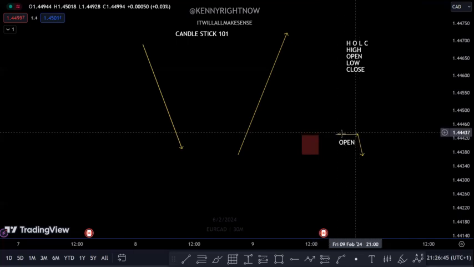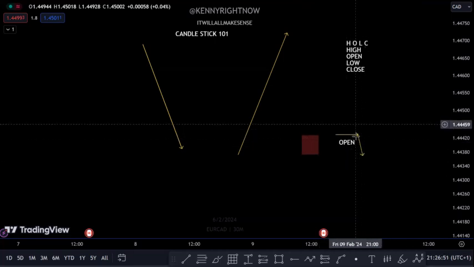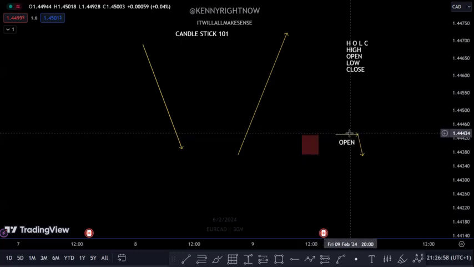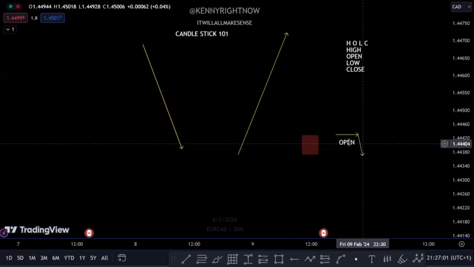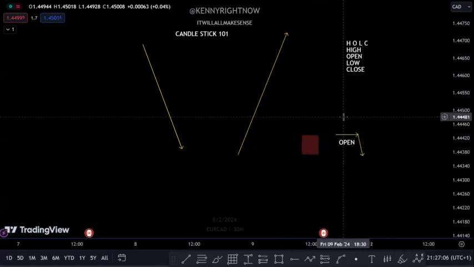Don't forget, this is the candle and this is the structure. So what the structure is doing is what the candle will form. What the structure does is what the candle will do. So follow it up now. The moment we have our candle open, this is the open. Now what happens next? If price moves below the open, we are going to have a bearish candle, while if price moves above the open, we're going to have a bullish candle.